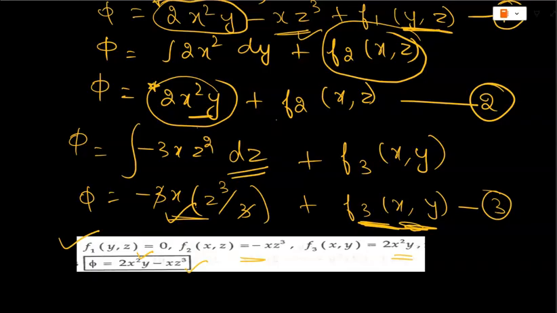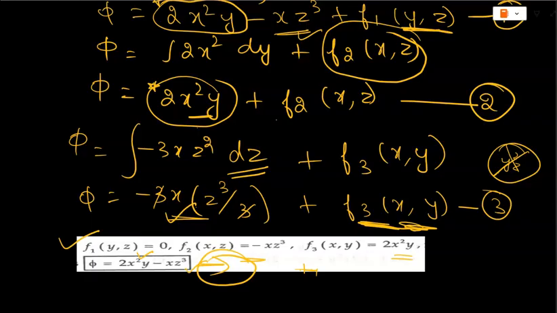For example, you may get a third term in terms of y and z, say y square z. In case you get it in only one of the equations, then with this term you add plus y square z and mention it only once. That's it. So this is how you have to find the scalar potential.